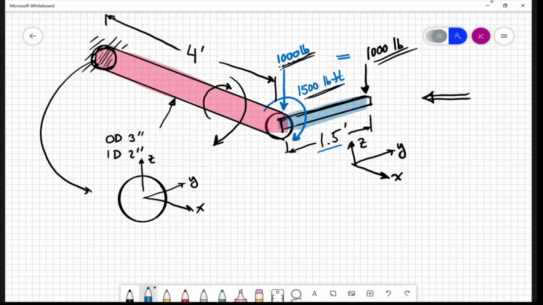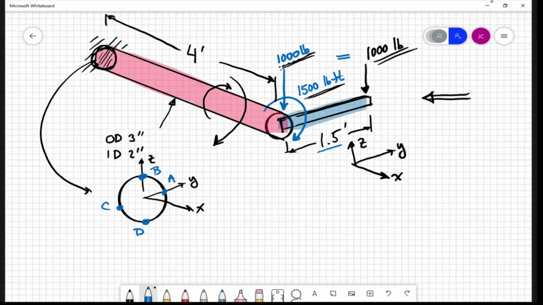You might be asked to find stresses at various points on this cross section. Typically, it'll be like noon, 3 o'clock, 6 o'clock, 9 o'clock, right? So let's call this, for lack of a better word, A, B, C, and D. All right.